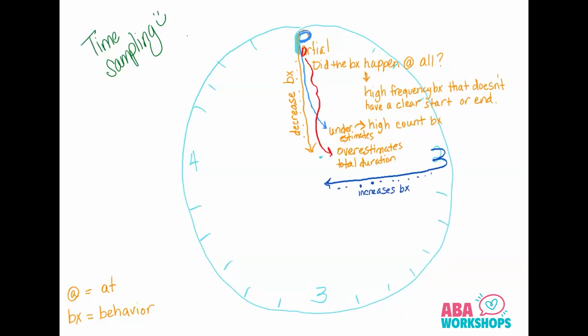So for whole interval, did the behavior last the entire interval? Using this D, I'm going to have 2 points.